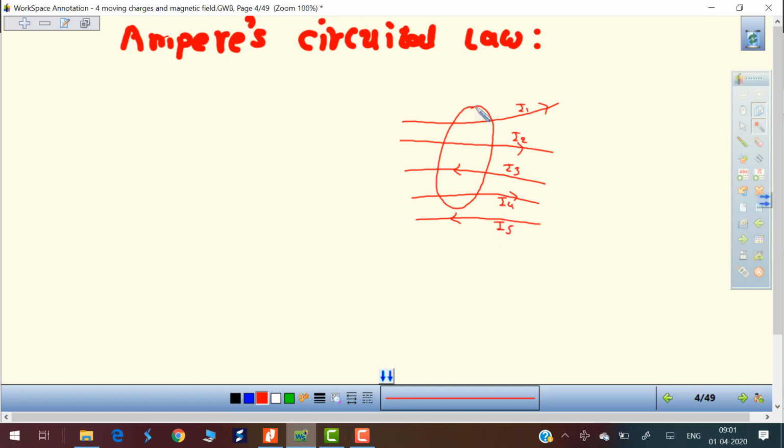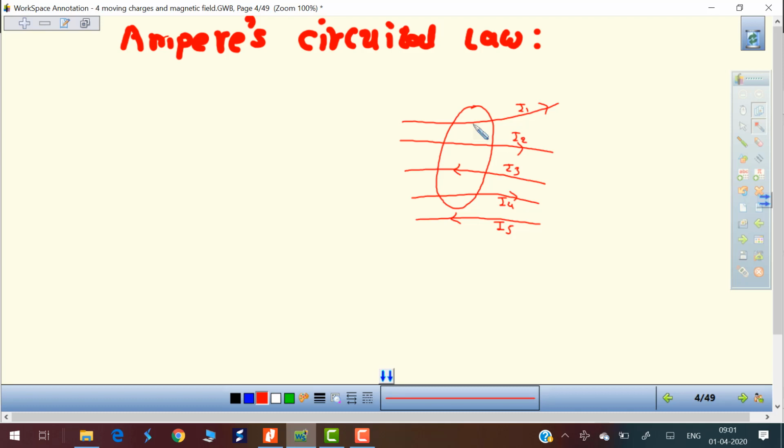This loop is such that the magnetic field at each point may be constant, or at each point the magnetic field is perpendicular, or zero.